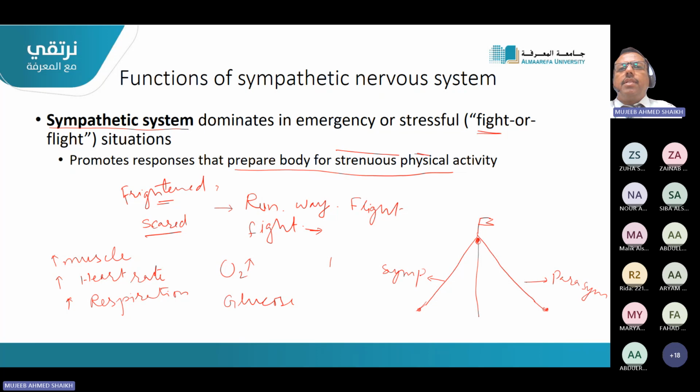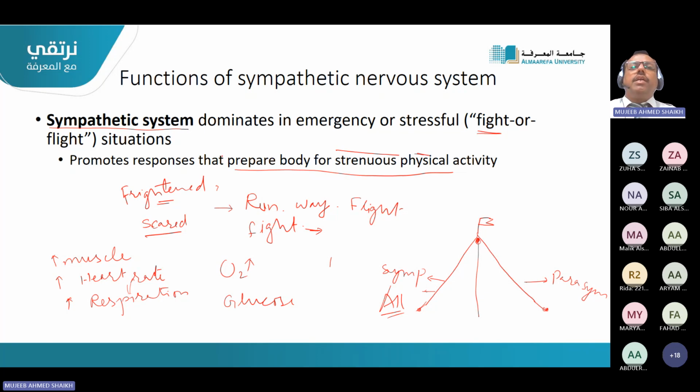Sympathetic and parasympathetic, both divisions of the nervous system, are equally effective all the time. All day you will have sympathetic activity as well as parasympathetic activity going on smoothly, simultaneously, in equal proportion.